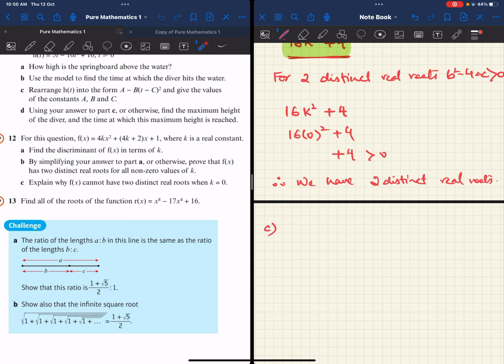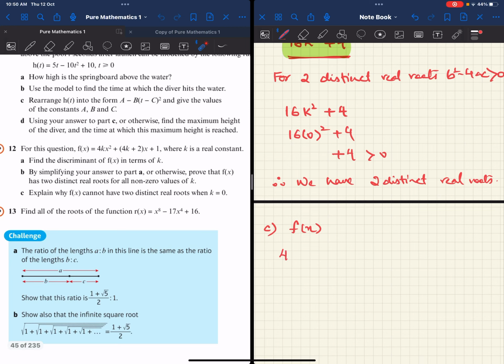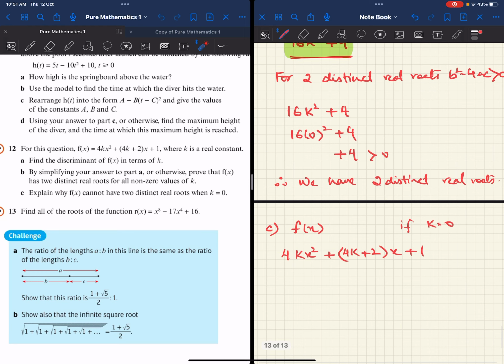Moving on to part C, it says, explain why f of x cannot have two distinct real roots when k is 0. So our f of x is 4kx squared plus (4k plus 2) x plus 1. So if k is 0, what happens? The first term becomes 0. The second term, we have 0 plus 2 into x plus 1, which gives us 2x plus 1.